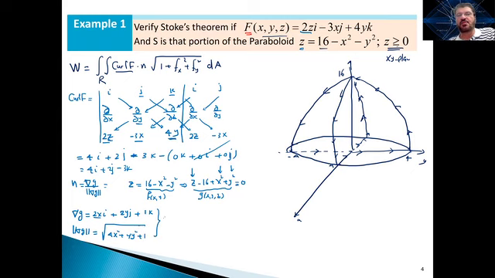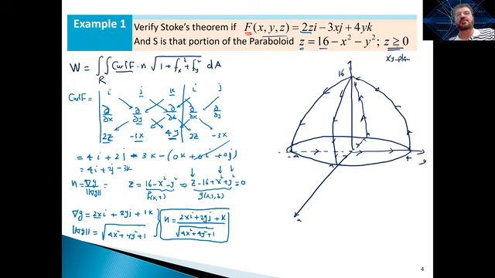So that means n is 2x i plus 2y j plus k divided by the square root of 4x squared plus 4y squared plus 1. That's n. We got n, guys.